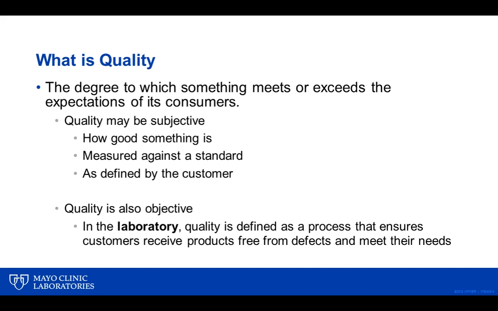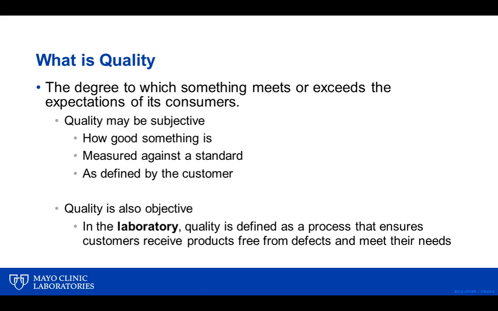Like I said, what is good or high quality for one person is not the same for another person. So how do you satisfy these different customer expectations? What we need to do is look at how you can have a quality definition that is more objective, objective in such a way that everybody can agree to it.